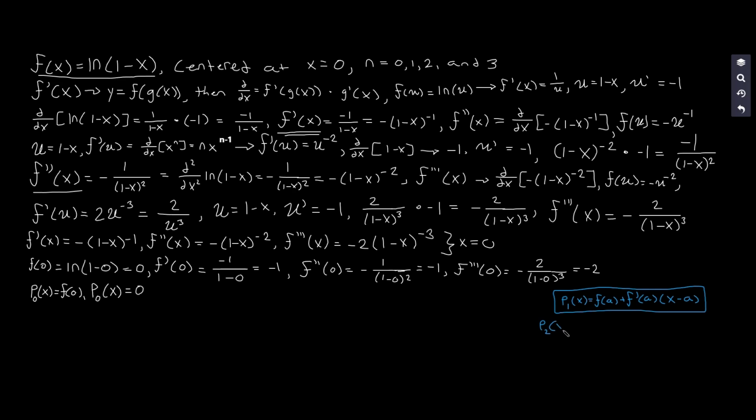Because for P sub 2 of x, it's going to go like this. f of a, which of course in our case is 0, plus f prime of a times x minus a, plus, that's a plus sign, plus f double prime of a over 2 times x minus a squared.